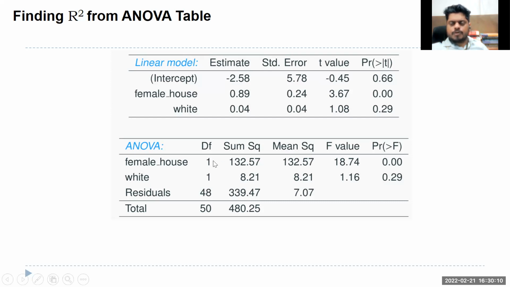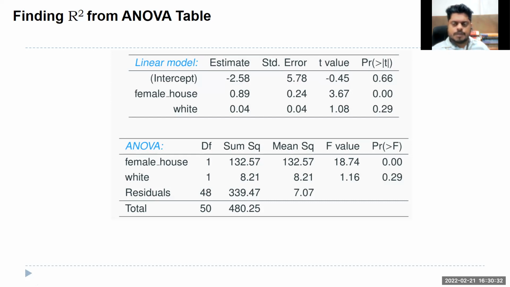If the ANOVA table of the regression model has been given, can I calculate my coefficient of determination, or R square? Make a try. Remember what we discussed about R square.